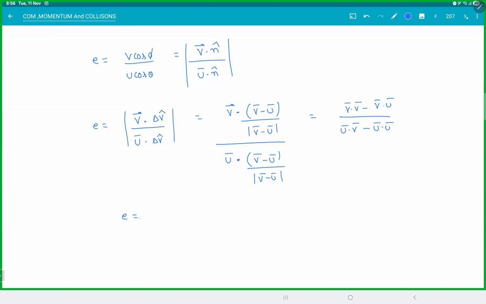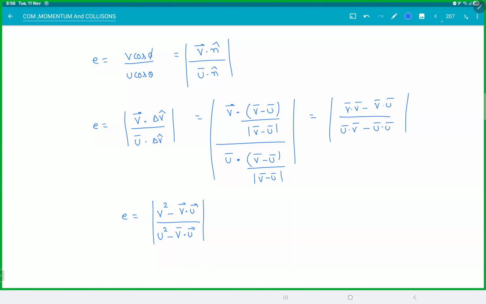This becomes v square minus v bar dot u bar by u square minus, I guess we'll put a mod anyway so it doesn't matter, u square minus v bar dot u bar. There, everyone. So you can simplify the whole thing in terms of just u bar and v bar.